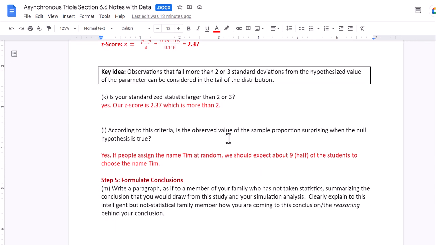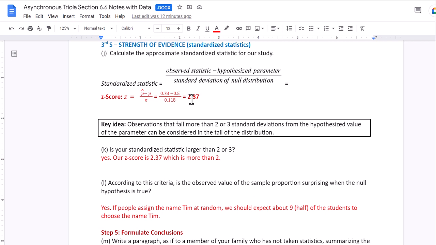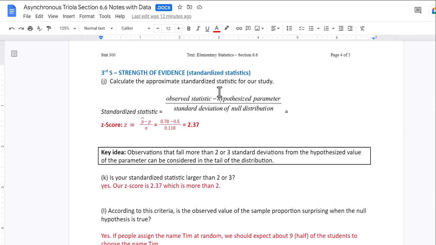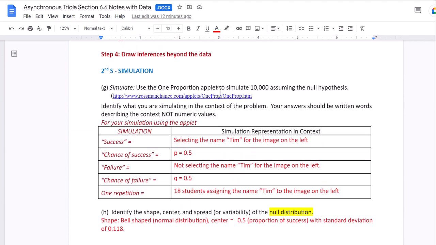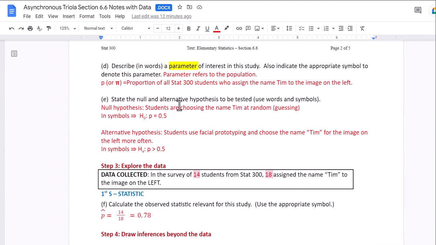Because our z-score is 2.37, which is more than 2 standard deviations from the mean, which means it's a highly unlikely value to occur, we can say that we have strong evidence that the null hypothesis is not true. So people are not choosing at random. So that means that there's something else going on.